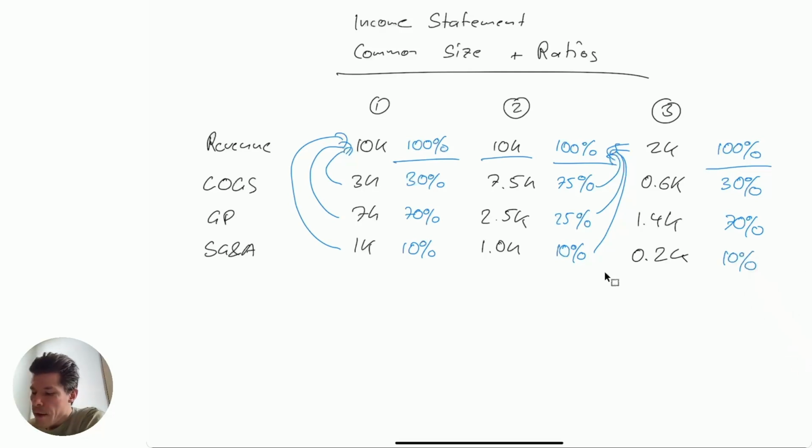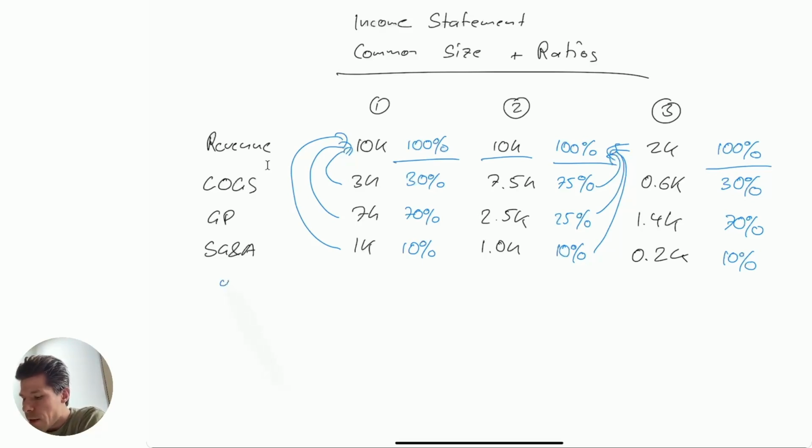This is a subtotal, so in the end you can't add cost of goods sold, gross profit, and SG&A together. But if you go through all the items of an income statement, then all the cost items and the income item should add up to 100%.